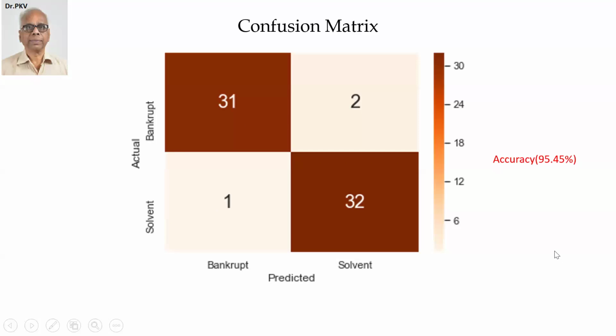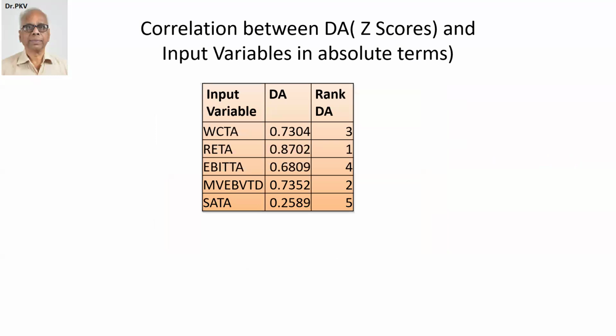Which of the predictor variables are important? Can you rank them? Yes. We use the Z-score, Fisher's Z-score, and try to find out the correlation between the Z-score and the predictor variables. We avoid the negative signs and take the absolute terms that measures the strength of the correlation. And we find here the number 1 is retained earnings to total assets because it has a correlation of 87% or so.